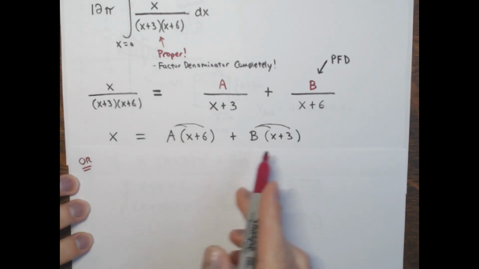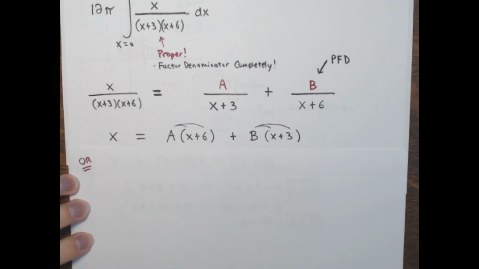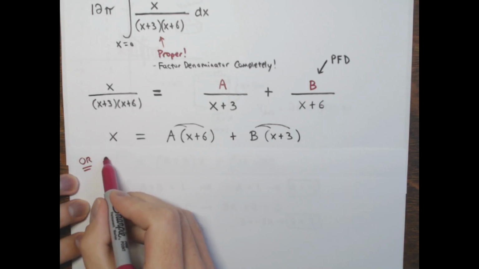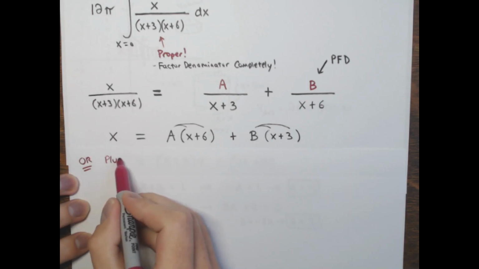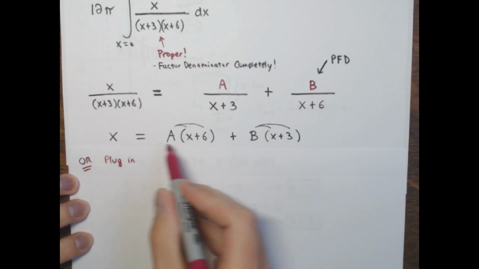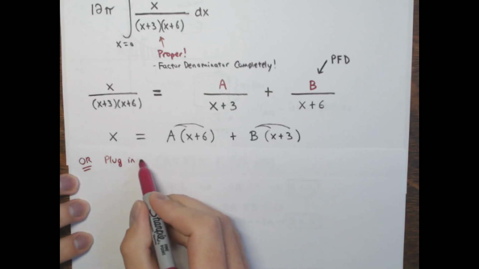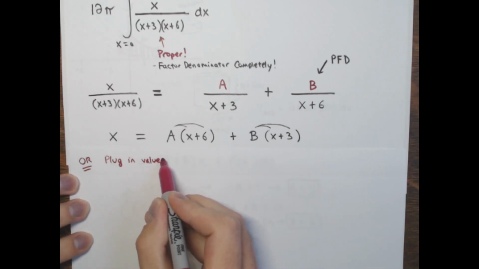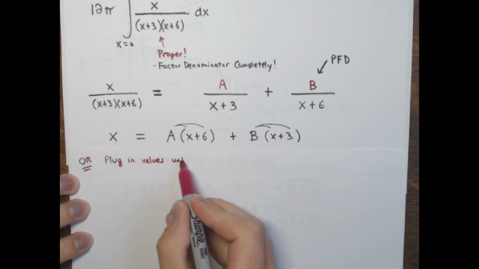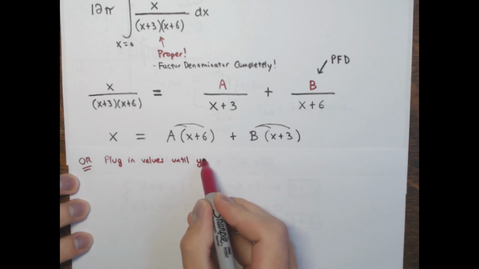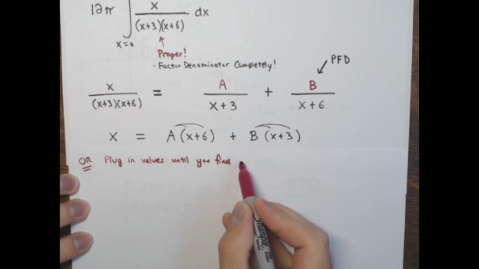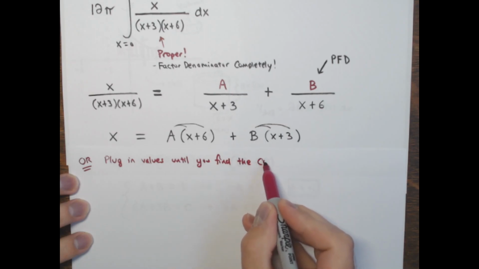Remember, these could be true for any x. I set up an identity here. So I could do this. I could plug in some values for x until I figure out what a and b are. Plug in values until you find the constants.